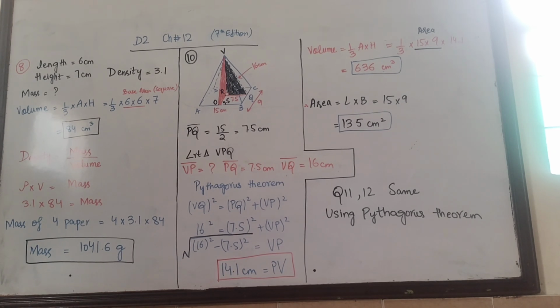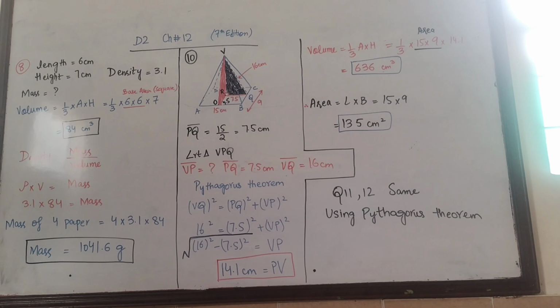BC is given, which is 9 centimeter, so you can also find the side OR, because OR is parallel to BC and OR is half of BC. So you have to divide 9 by 2 and you will get 4.5 centimeter. Similarly, 15 centimeter halved is 7.5 centimeter, and RQ is 7.5 centimeter.